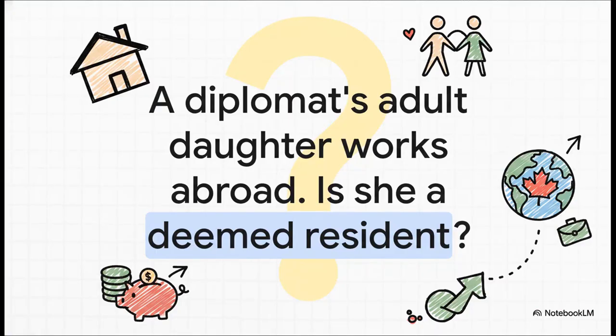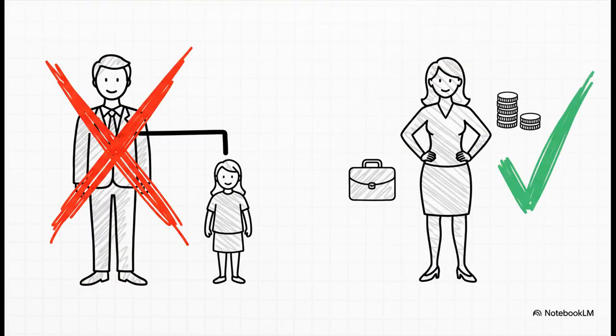Okay, let's test that last point. Consider the case of Miss Blakey. Her father is a Canadian diplomat serving in France, which makes him a deemed resident. Miss Blakey is 24 years old. She lives and works in London, and she's actually never even set foot in Canada. So, is she a deemed resident simply because of her father's status? The answer is no, she is not.